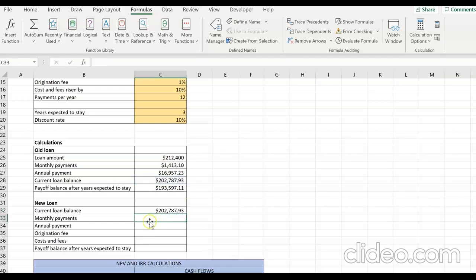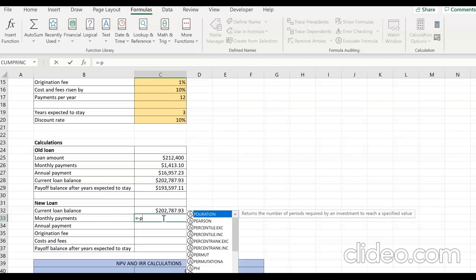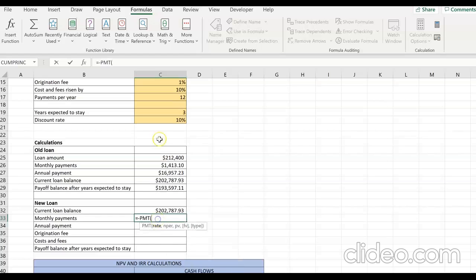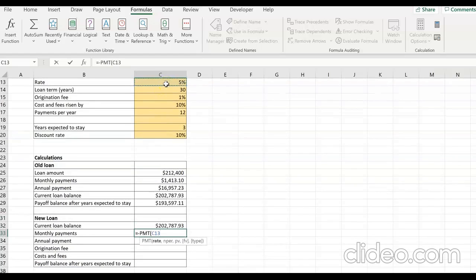We're just gonna copy and paste the previous cell, and then to calculate the monthly payments, I use the function PMT, and then I calculate the new rate divided by 12 months, and the loan terms, which is 30 years, multiply by 12 months, and then we have the certain loan balance, with a type of 0.